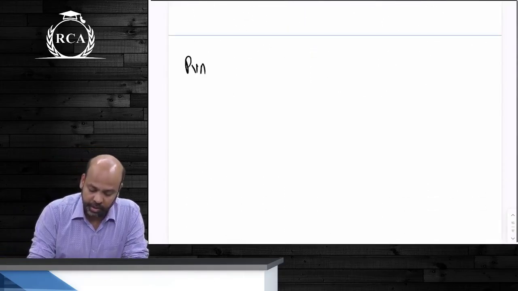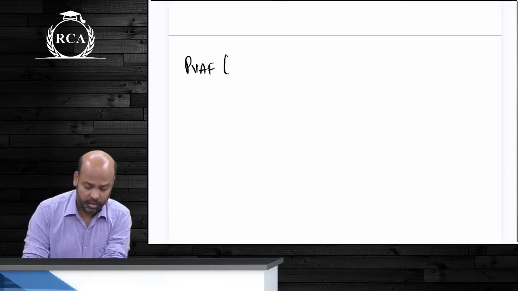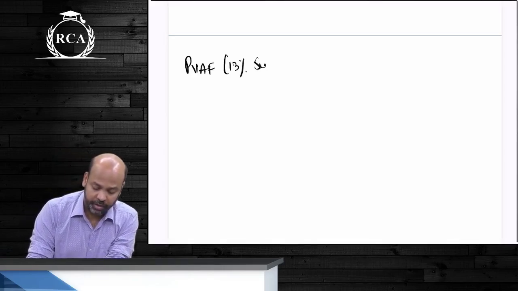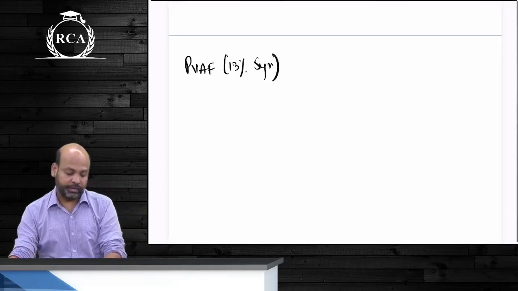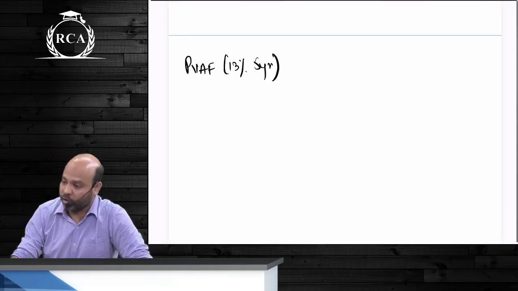What if it is the present value annuity factor, guys, at 13% for 5 years? Can you compute? Present value annuity factor at 13% for 5 years. If you're already done with it, relax.